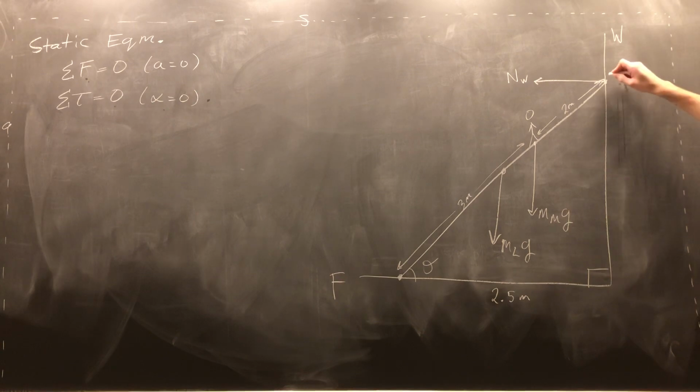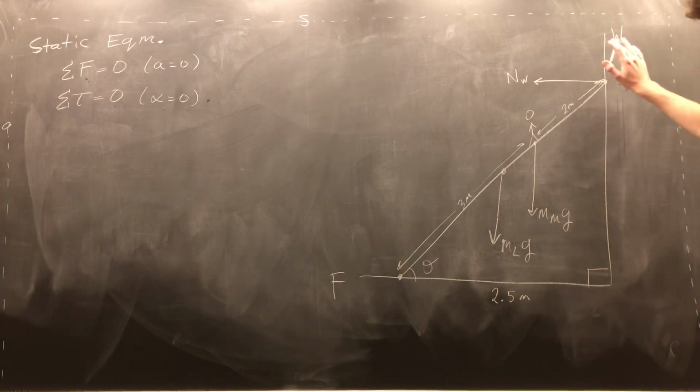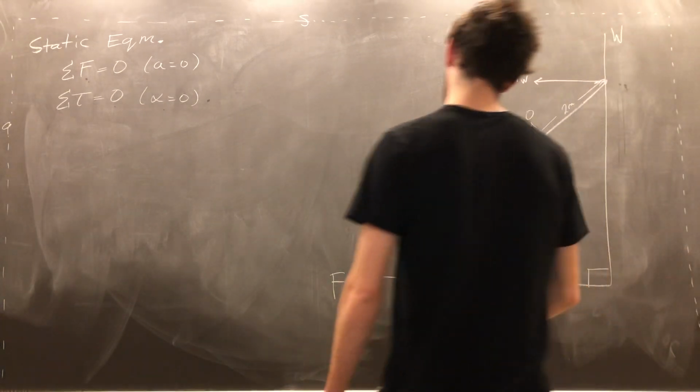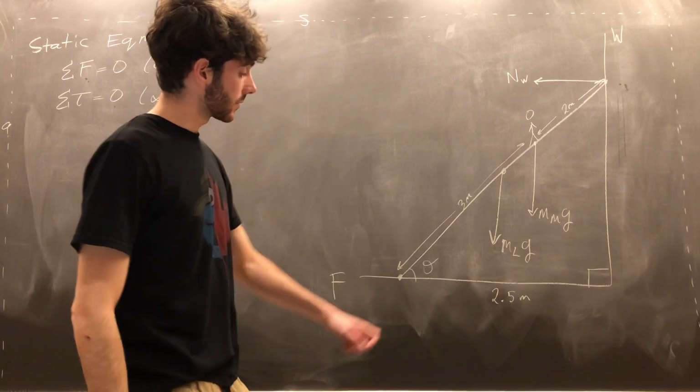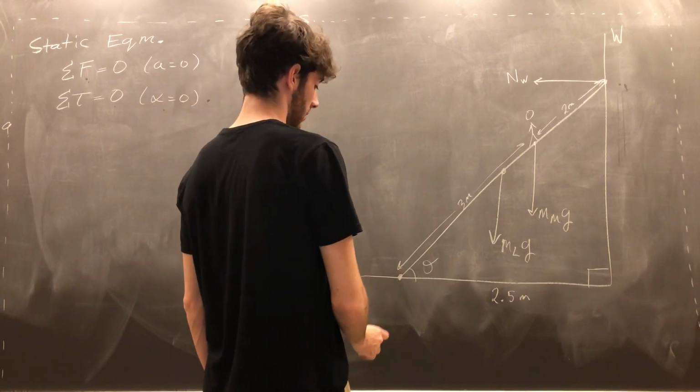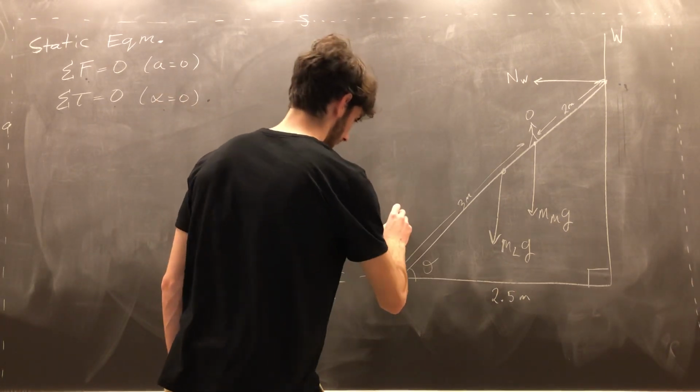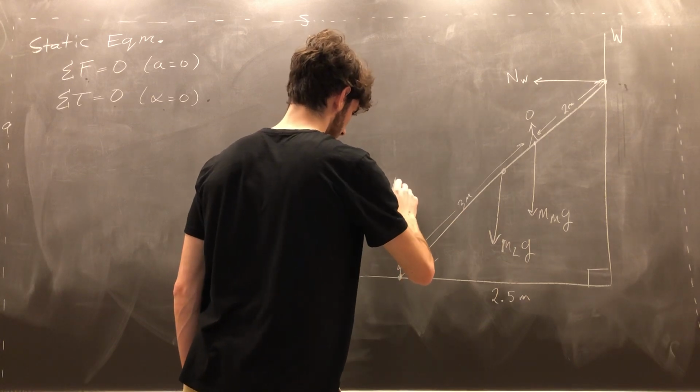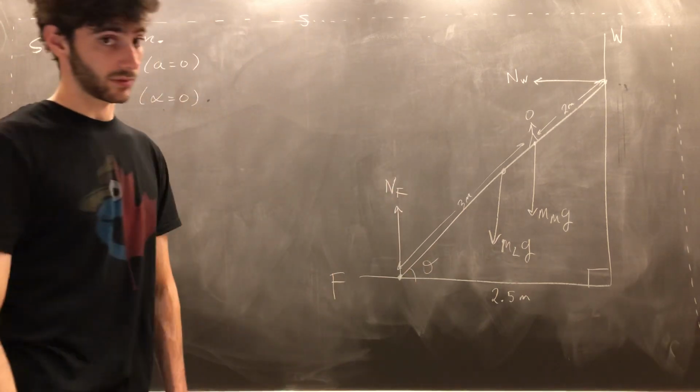We are told we can neglect the friction along the window. Otherwise, there would, in general, be a frictional force here, and I suppose it would be acting upwards, resisting the ladder from slipping down this way. But here we're told to neglect it. And finally, down here, we have, by the same argument, a perpendicular normal force acting straight up, so I'll call that N sub F, normal force from the floor.